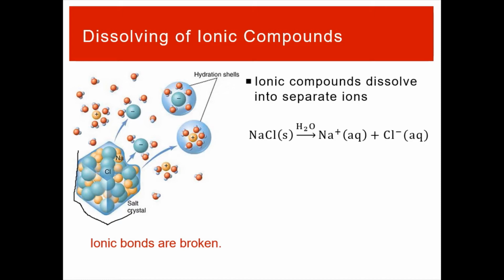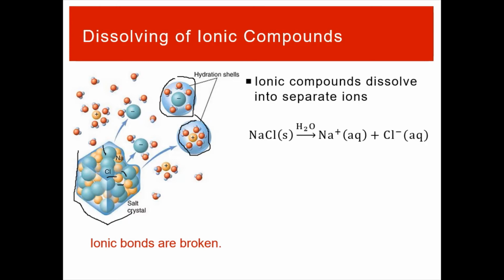So it's not discrete molecules anymore. It's just this infinite array, this crystal of ions. And so when they dissolve, the water molecules come in and break all of these ionic bonds. And then you'd have your anions and your cations independently moving around from each other.